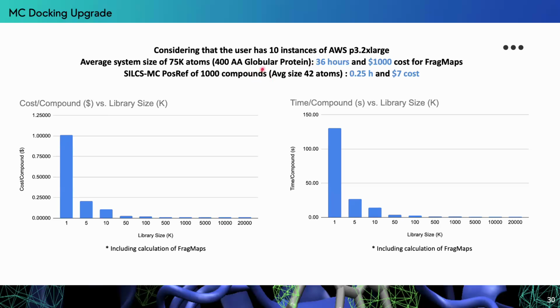However, with a set of frag maps, users can do SILCS-MC post-refinement and docking at a very low cost. With the same 10 P3 instances, it only takes 15 minutes and $7. And the more ligands you perform, the average computing cost and the time per compound drops significantly.